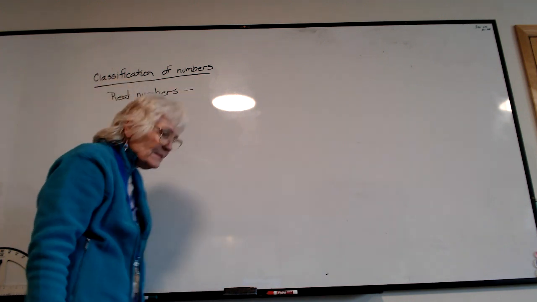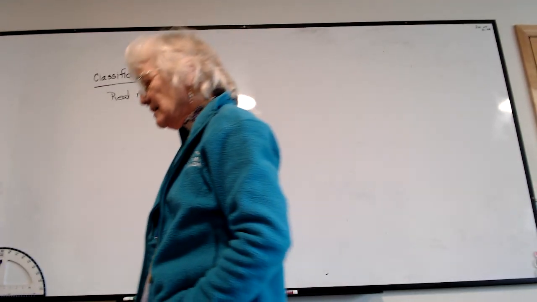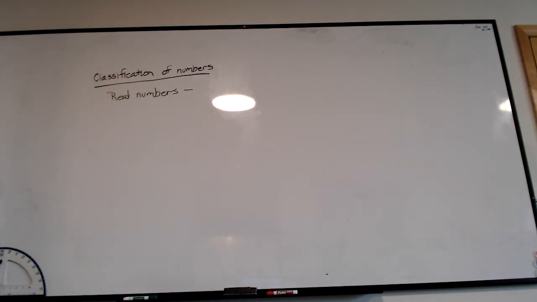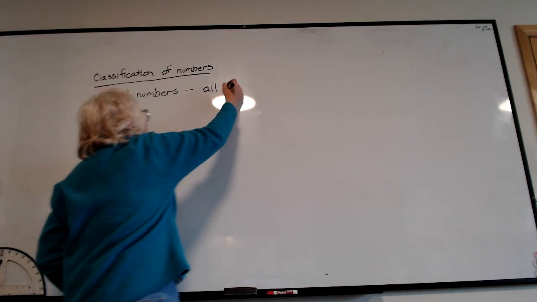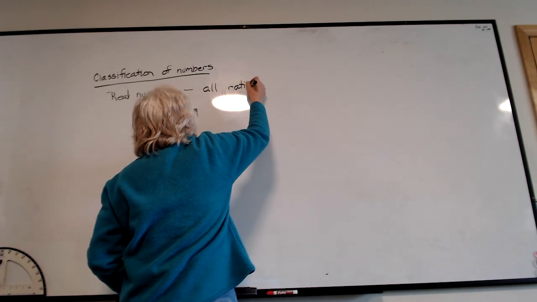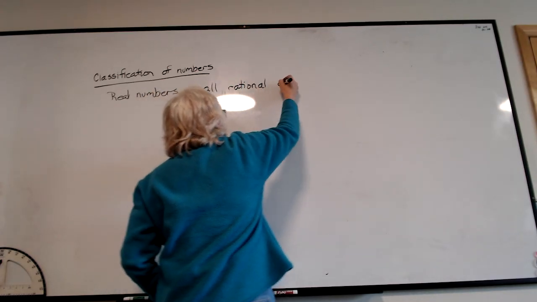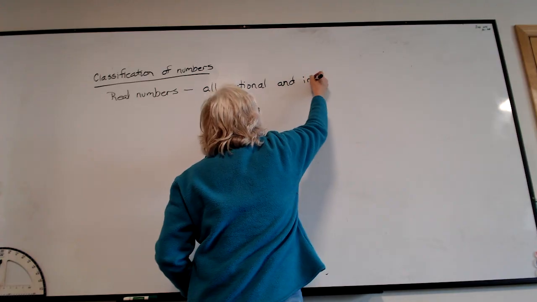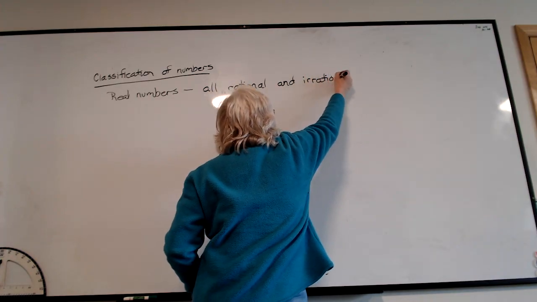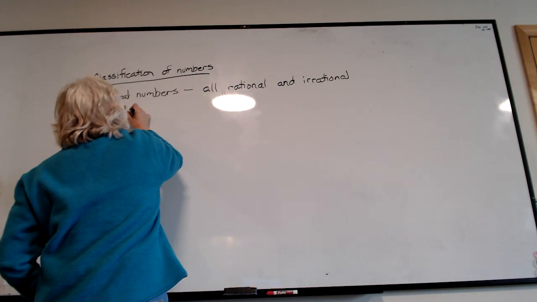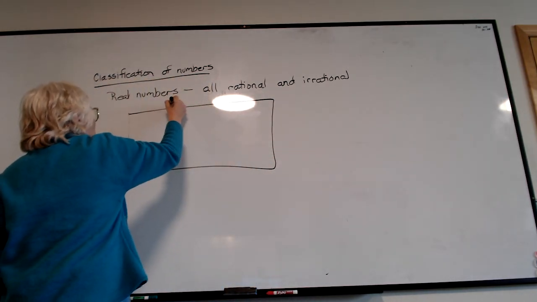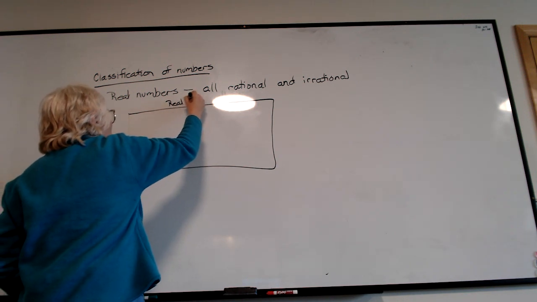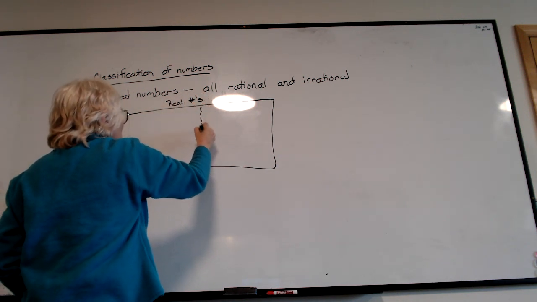So real numbers are basically all numbers that are rational and irrational. Now, I know you probably don't know what that means. Okay, so basically, if I were to draw a diagram, here's my real numbers, and this splits into two.